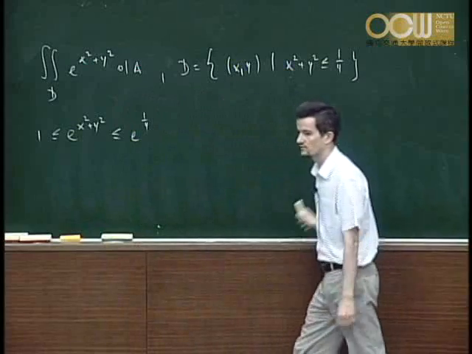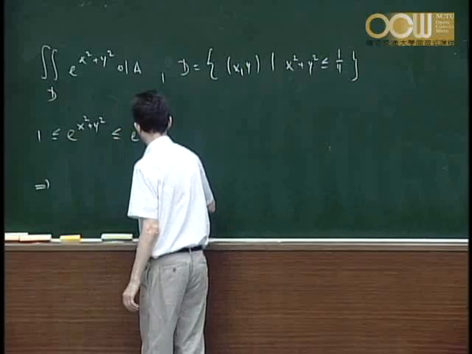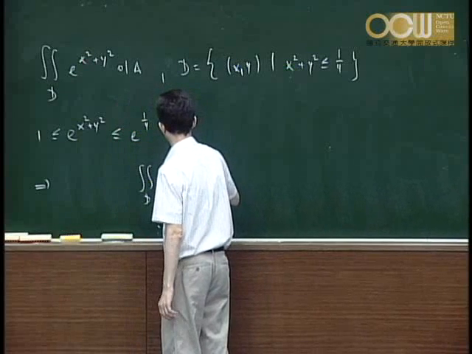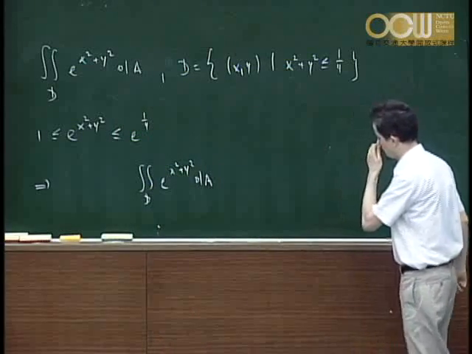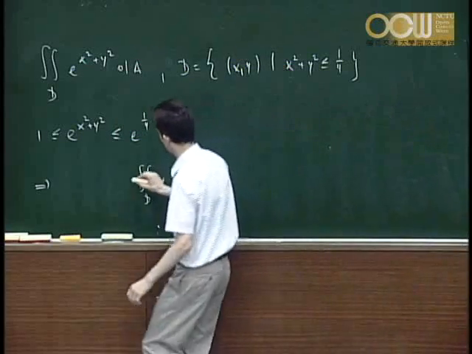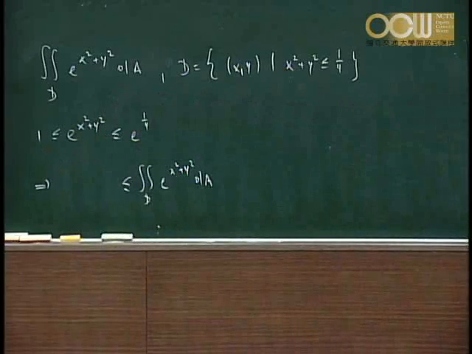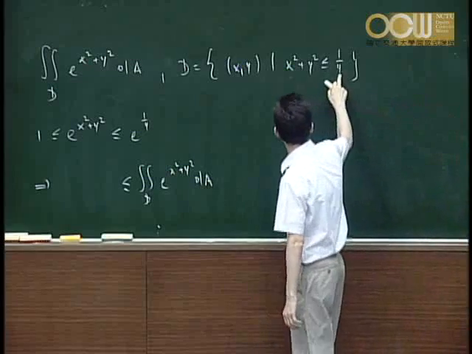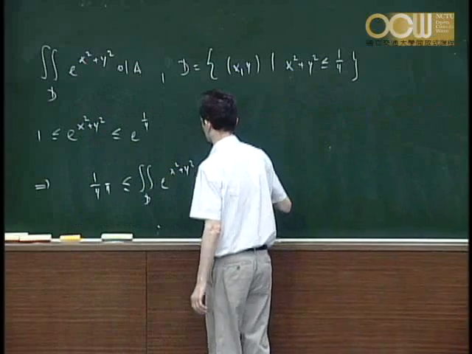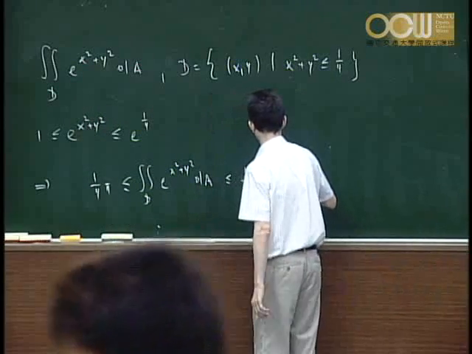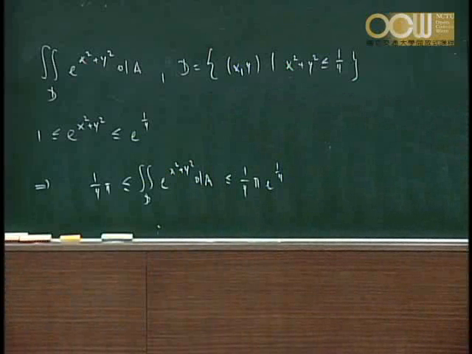Without computation, from this property you would get already that the double integral is larger or equal than 1 times the area of the region, but this is just a circle with radius 1 over 4, so 1 over 4 pi, and smaller or equal than 1 over 4 pi e to the 1 over 4. So you don't have to do computations for this. You can immediately get this result.